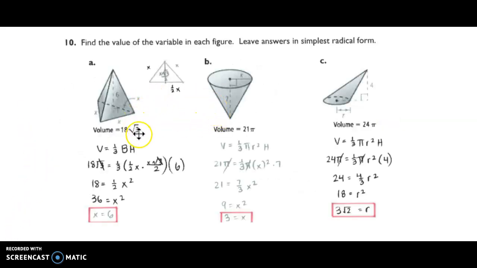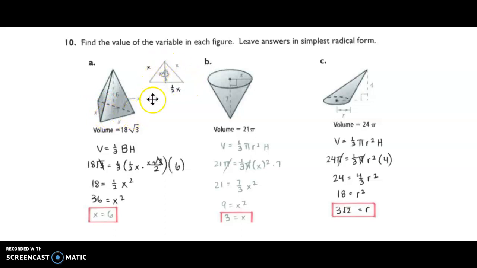Okay. Here, find the variable in each figure. Leave answers in the simplest radical form. Okay. So we give you the volume of each of those. Right. I think B and C are a little bit easier to figure out. Okay. For number 10, the base is an equilateral triangle, and so that's what we drew over here.